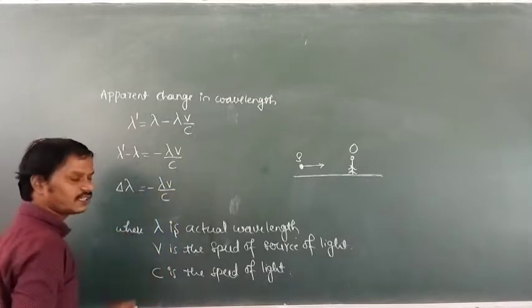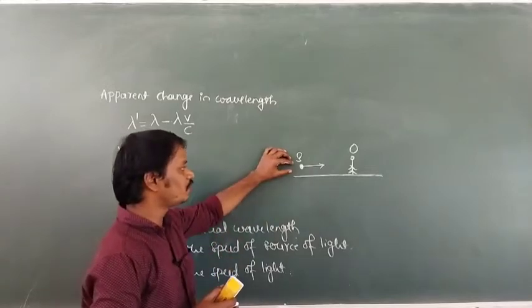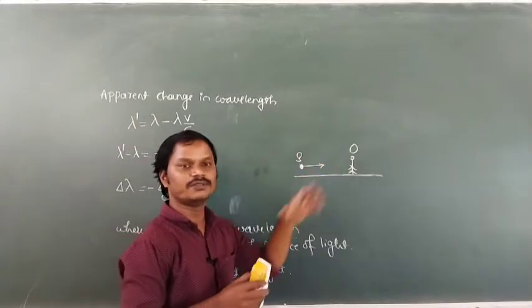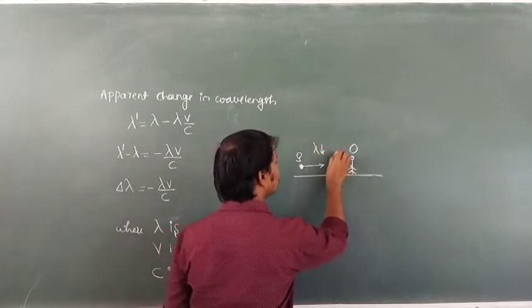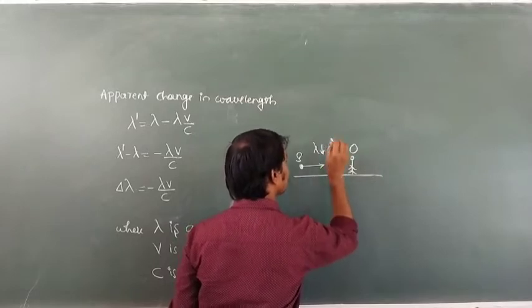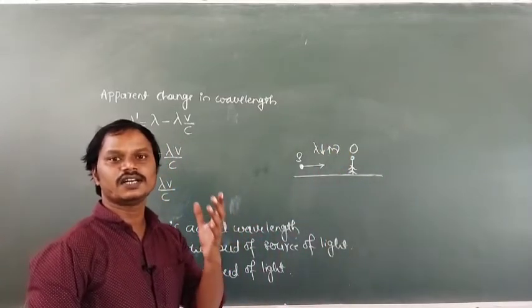What does the negative sign indicate here? The negative sign indicates that as the source of light moves towards the stationary observer, the wavelength decreases. As the wavelength decreases, frequency increases.